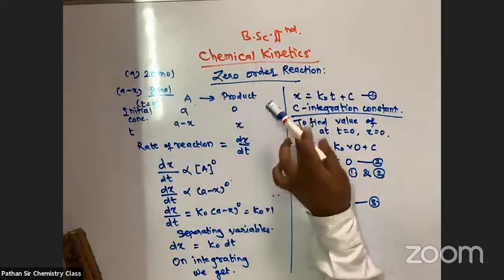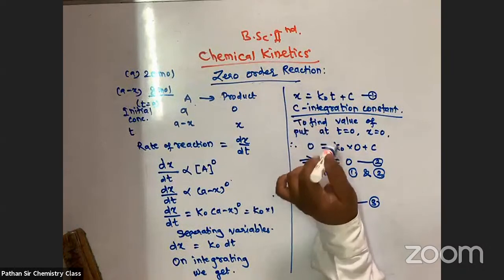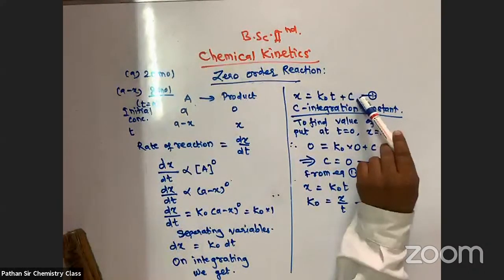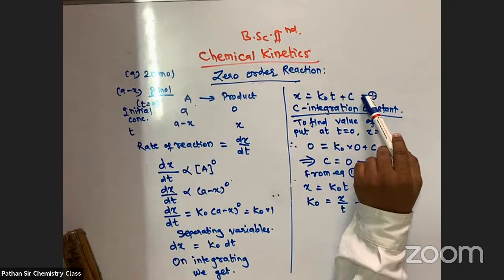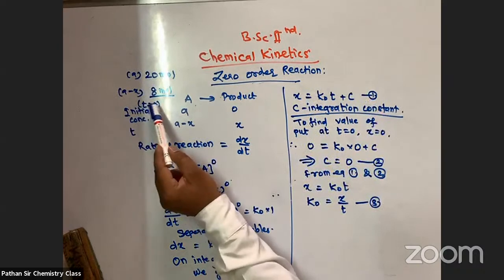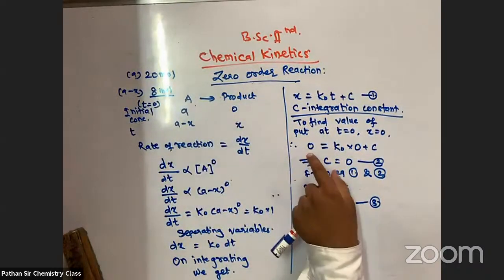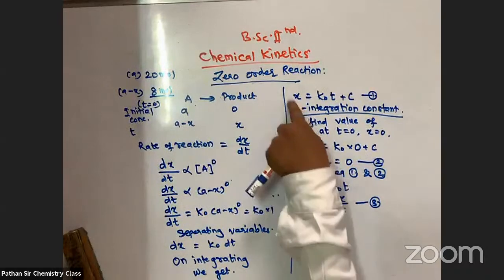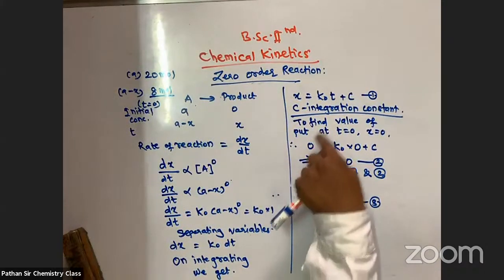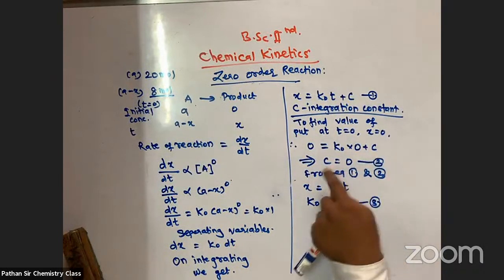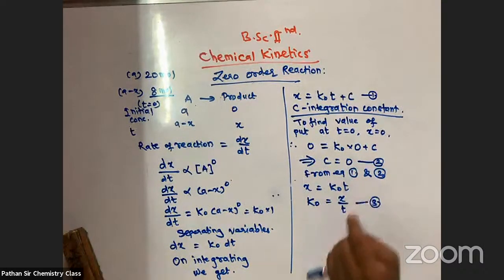Always remember for zero order, first order, second order, third order, all: if you want to find the value of the constant, put the initial condition. So when t is equal to 0, x is equal to 0. Instead of x put 0, k0 as it is, and instead of t put 0, plus c. So c is equal to 0.